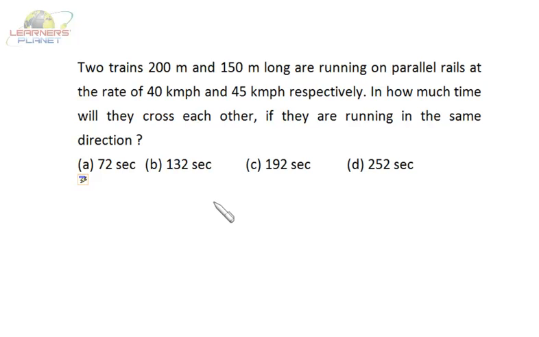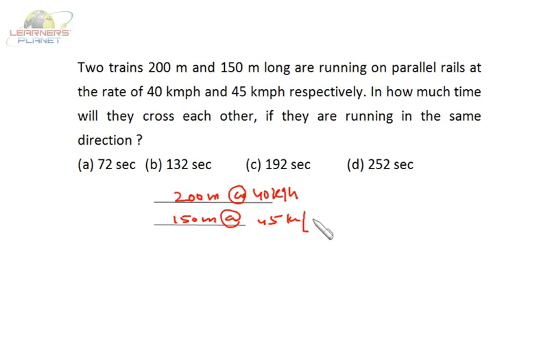Okay, now let's draw the diagram. Just see here, this is the train whose length is 200 meters and it is moving at the speed of 40 km per hour. And the length of this train is 150 meters and it is moving at the speed of 45 km per hour.